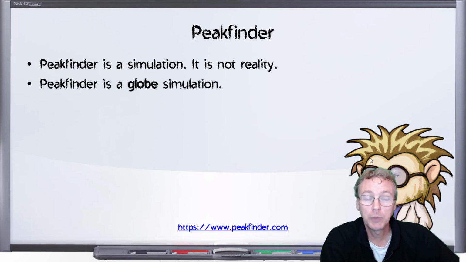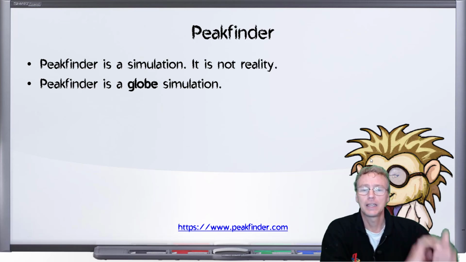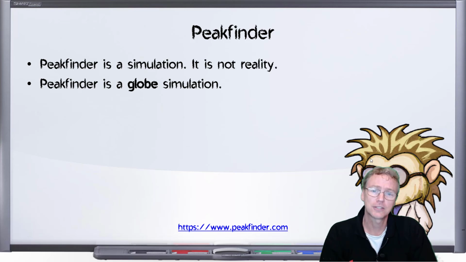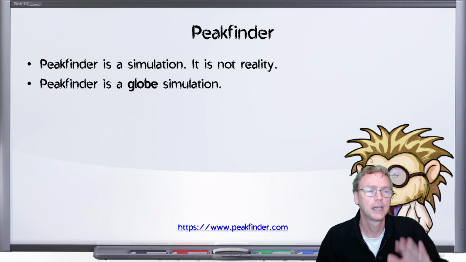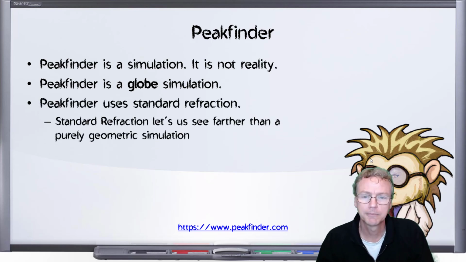All right, I have concluded Peakfinder is a globe simulation. We tested it in 4 different ways. It passed the globe test in all 4 ways. It failed the flat test in all 4 ways. Okay, and we have also shown Peakfinder uses standard refraction.